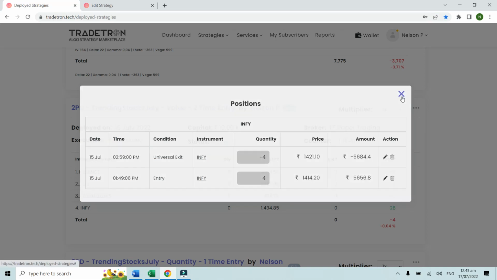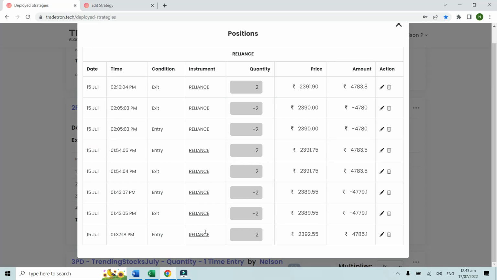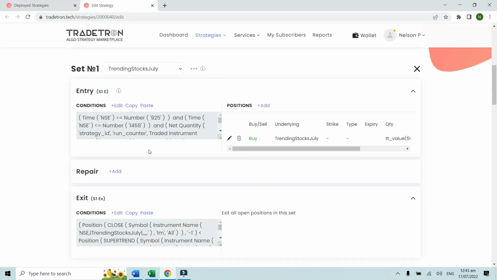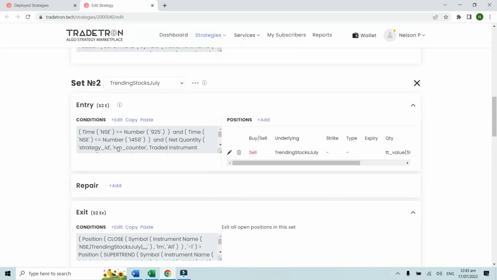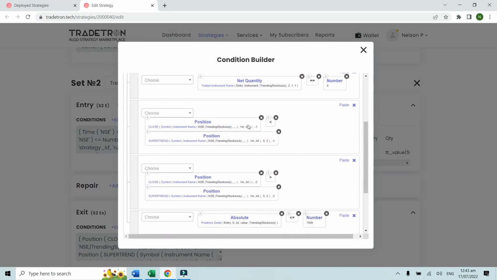So first of all, let's go for Reliance. All right. So Reliance first buy entry has happened at so and so time. Let me just also show you the short side of the strategy. So this was the buy side that we saw, and similarly on the short side it's nothing but the downside crossover.